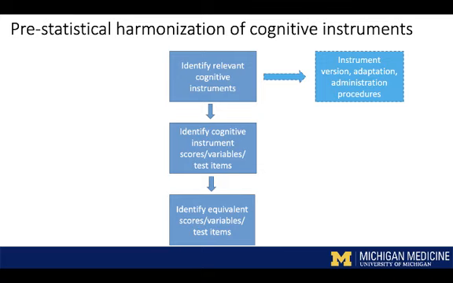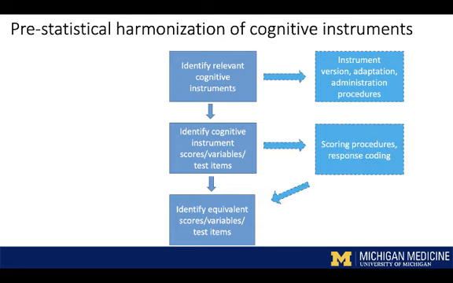There can be other administration procedures that can vary across studies, such as the circumstances under which a test is discontinued due to inability to complete it. So differences in discontinuation rules can impact the range of scores across data sets. When we get down to looking at the test scores that are available in the items, another source of potential variability across seemingly equivalent tests is the scoring procedures that are used.